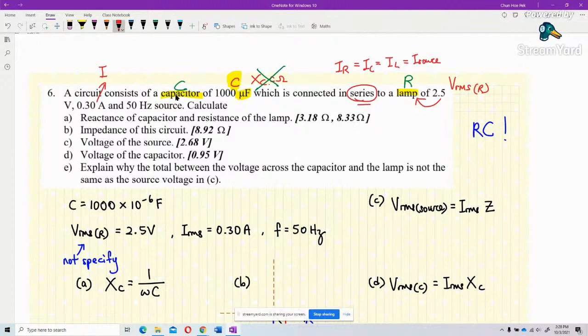So we don't write it as the current across the resistor. They have the same current. This one doesn't mention whether it is peak current or root mean square current.